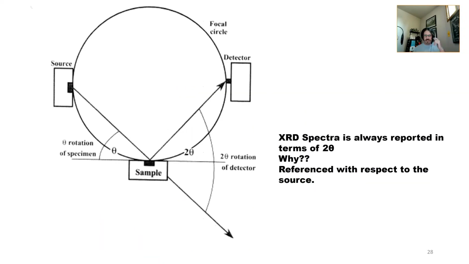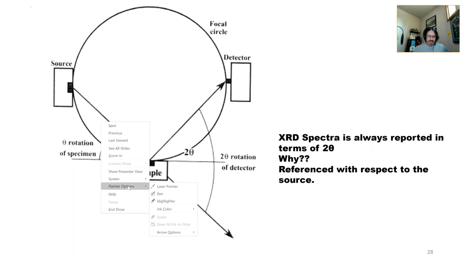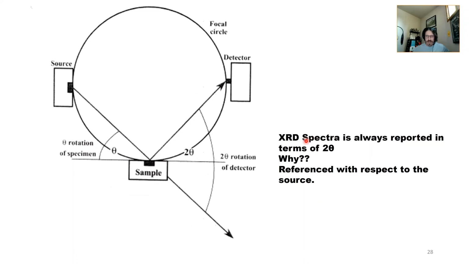Let me pose this question too, rehashing what we said before, and I actually hate this diagram because it makes you think that it's always a 90-degree angle, but it's really not. The XRD spectra is always reported in terms of 2 theta, and if you go back to the first slide, you'll see the x-axis was 2 theta.